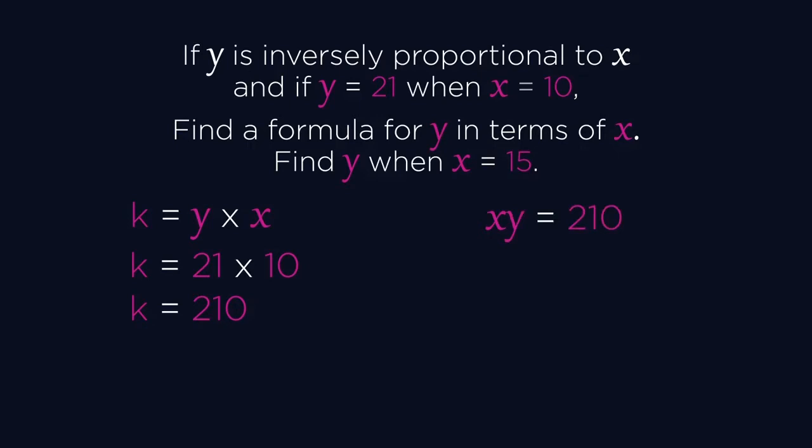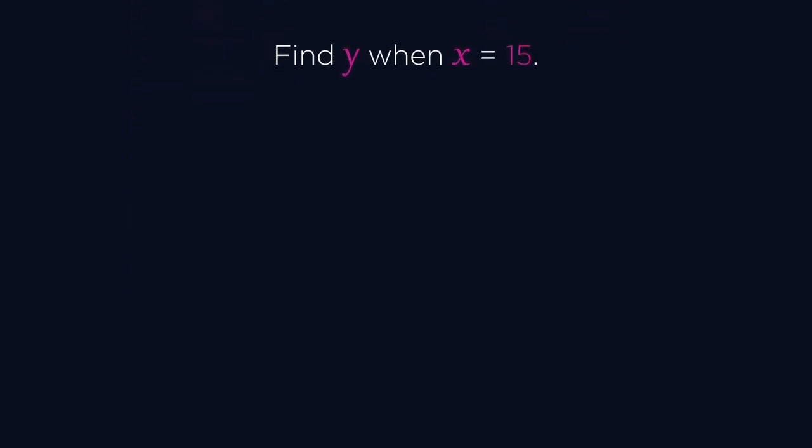To put this equation in terms of y, we rearrange, dividing through by x to give y equals 210 over x. To find the value of y when x equals 15, we can substitute the value for x into the equation, meaning y is equal to 210 divided by 15. This means the value for y is 14.